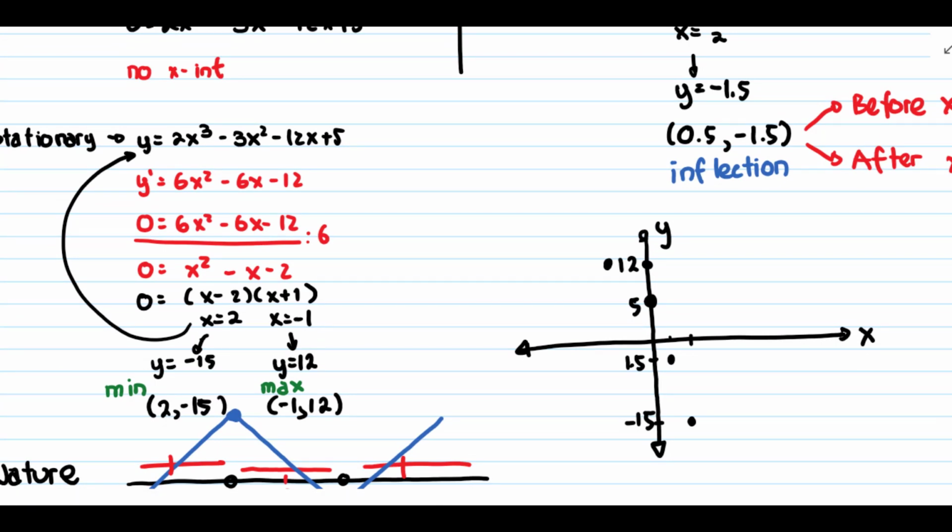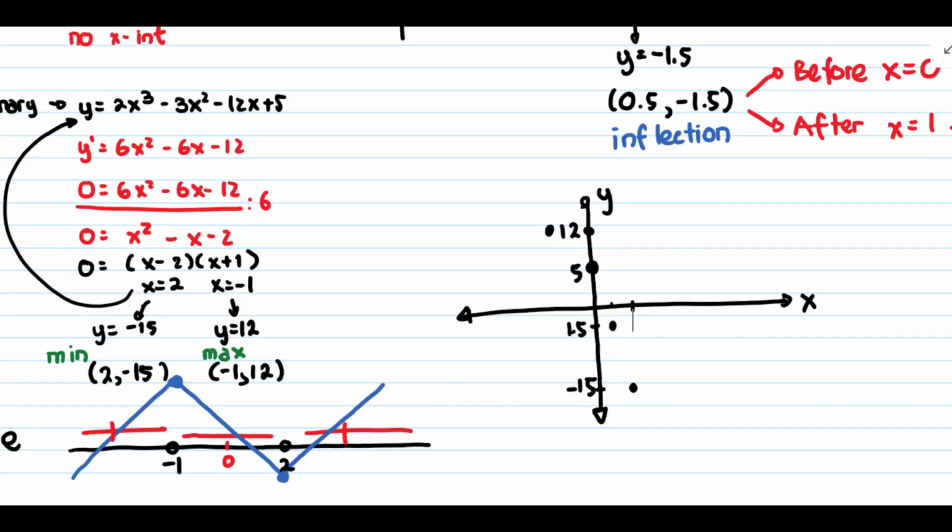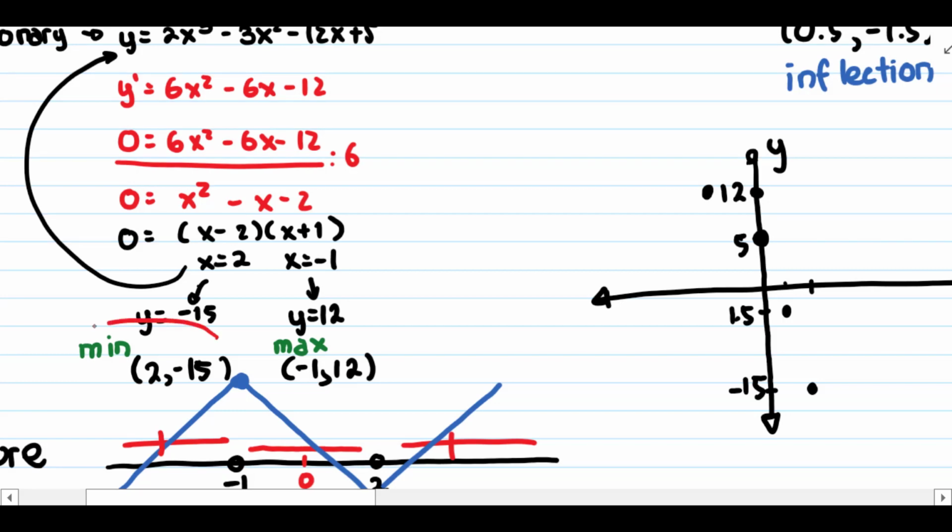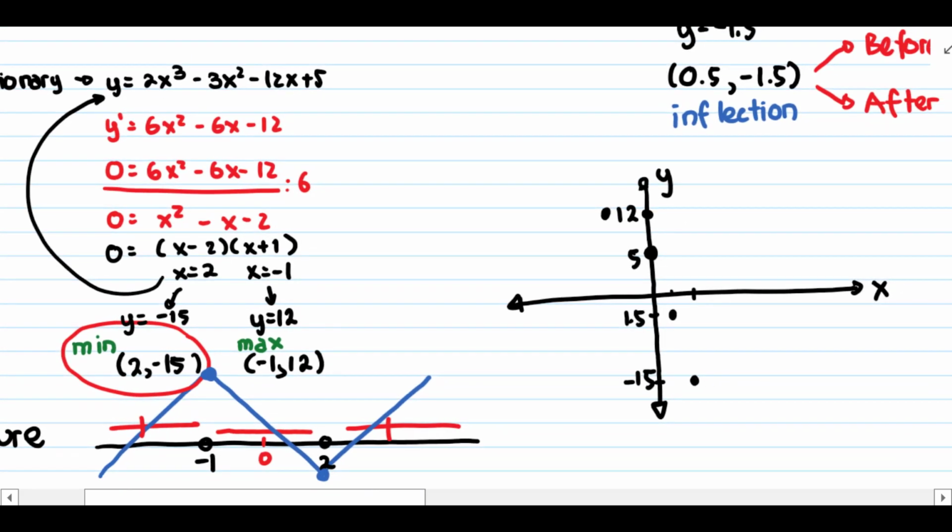Okay, let's do this. For the sketch, I will start from (2, negative 15). It's the minimum point. That means the curve will be like this and also like this. And then after that, (0.5, negative 1.5) is the inflection point.